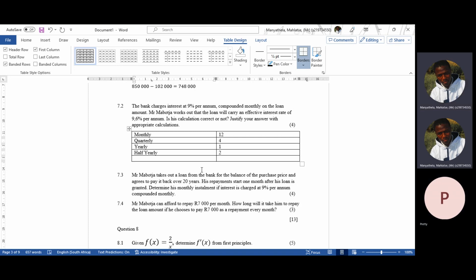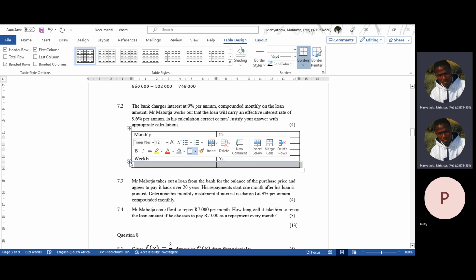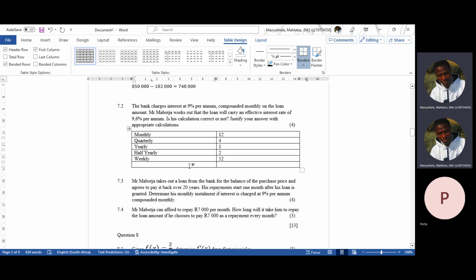What else? Weekly, it's 52. And if they say it's daily, it will be 365. So you know, yearly can also be called annually. Half yearly, you can also refer to it as biannually.